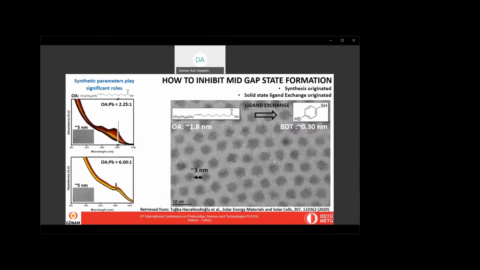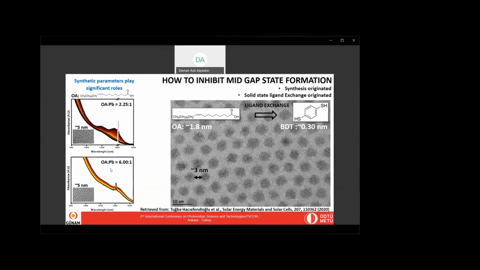Another synthetic parameter that plays a significant role in the stability of quantum dots is the stabilizing ligand concentration. So that oleic acid is used to stabilize those quantum dots in organic solvents. The concentration of that ligand is very important.